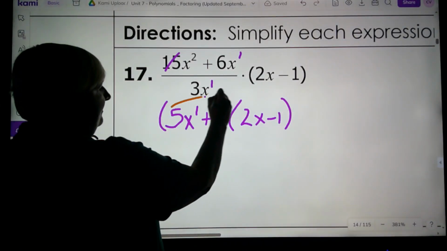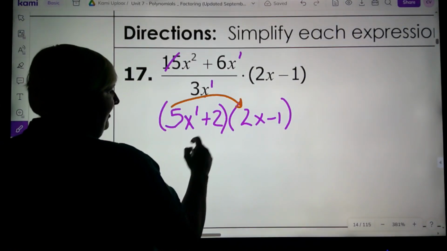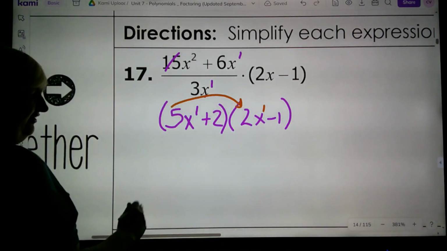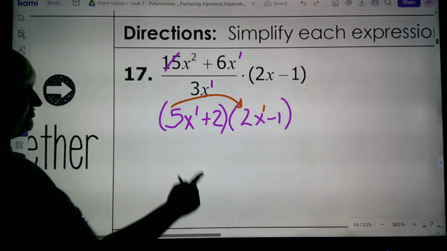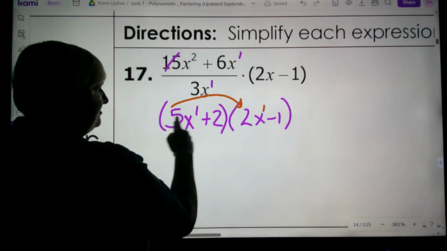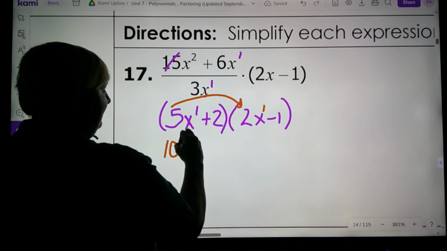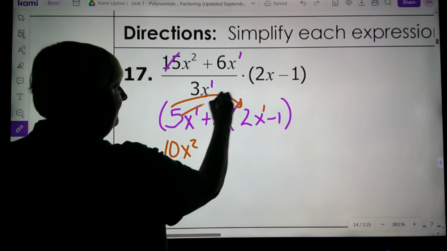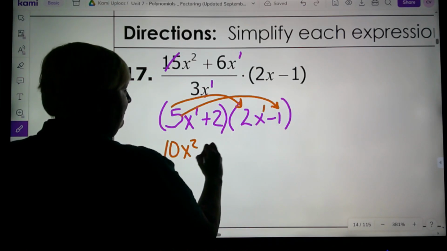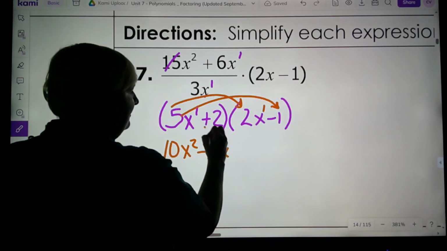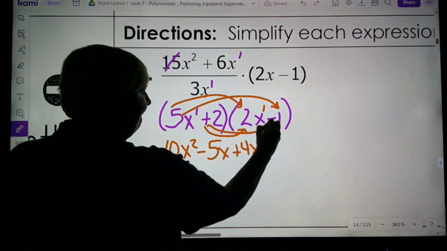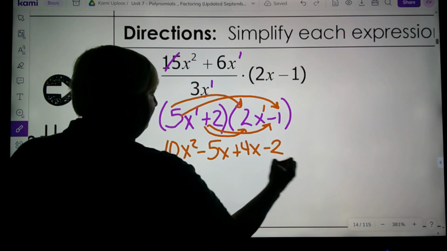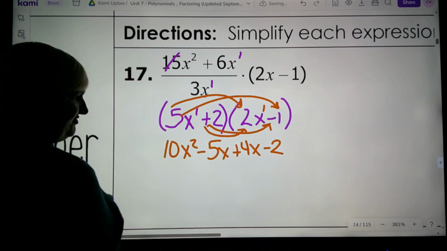So remember, 5x times 2x, and you just learned that an x1 times an x1, you add the exponents. So this should be x squared. So 10 x squared minus 5x plus 4x minus 2, right? 2 times negative 1 is negative 2.